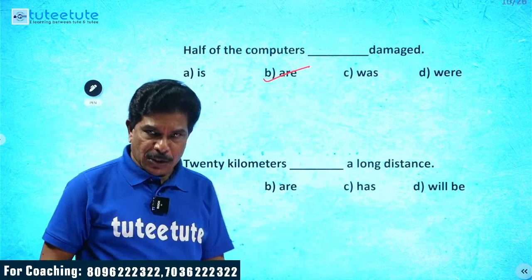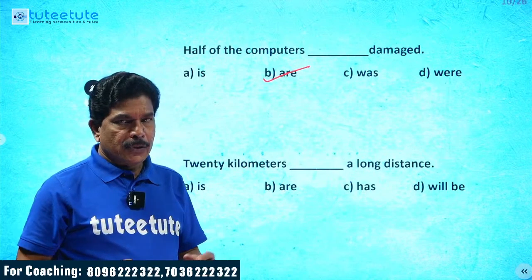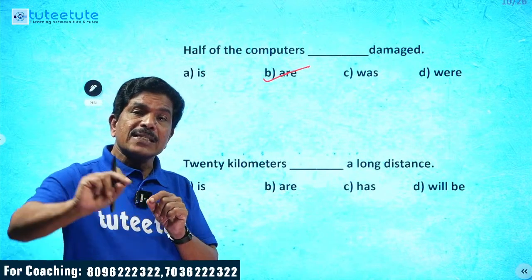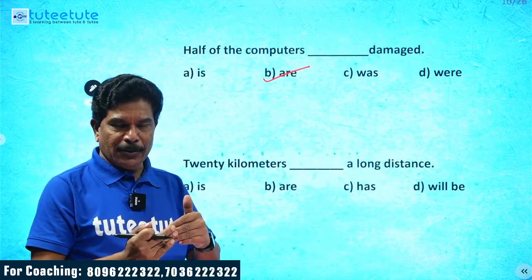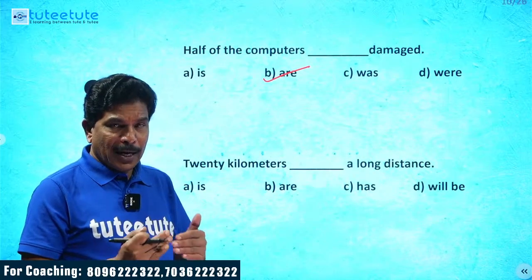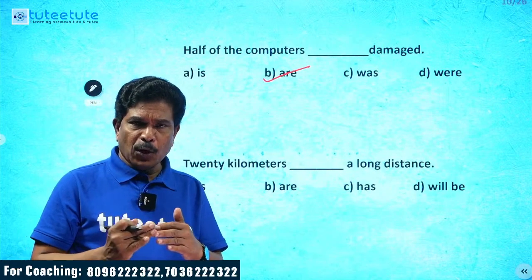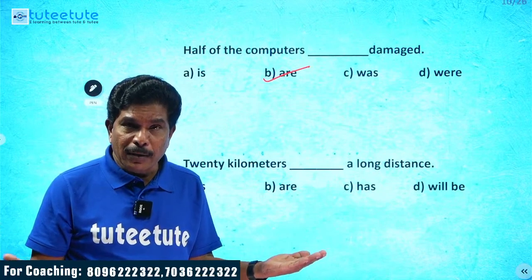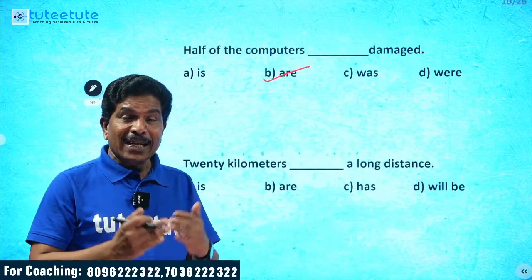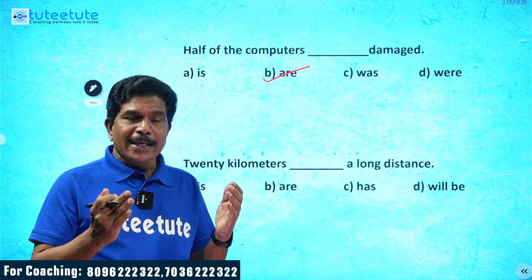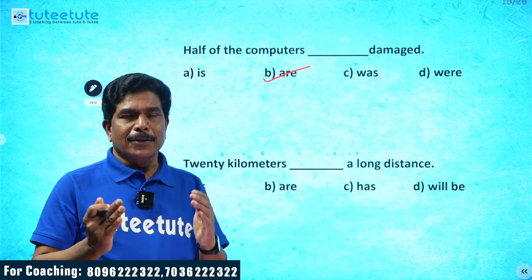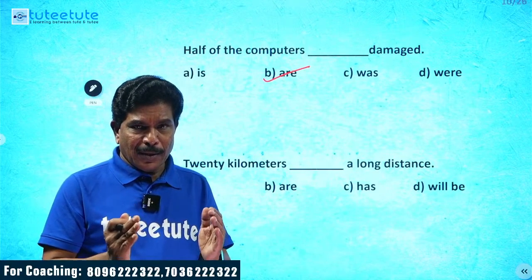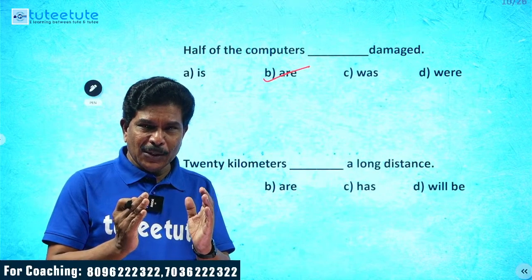Here, 20 kilometers. I said kilometer is countable, but this kilometer suggests distance. It is a measurement, not natural counting. We cannot naturally count kilometers because no kilometer is naturally available. We can count only naturally available entities, I mean naturally shaped objects.